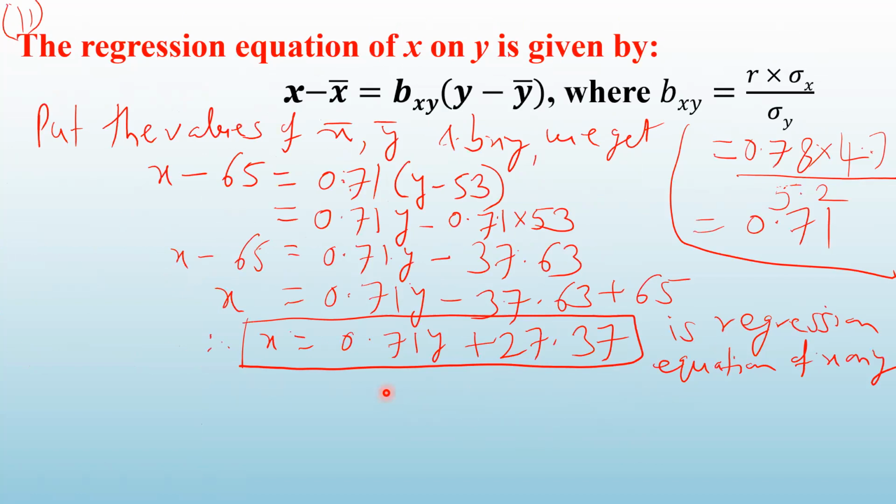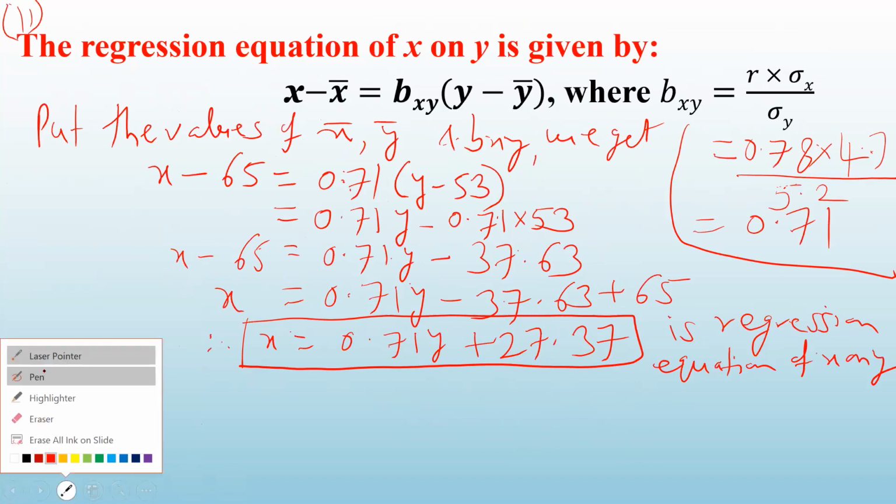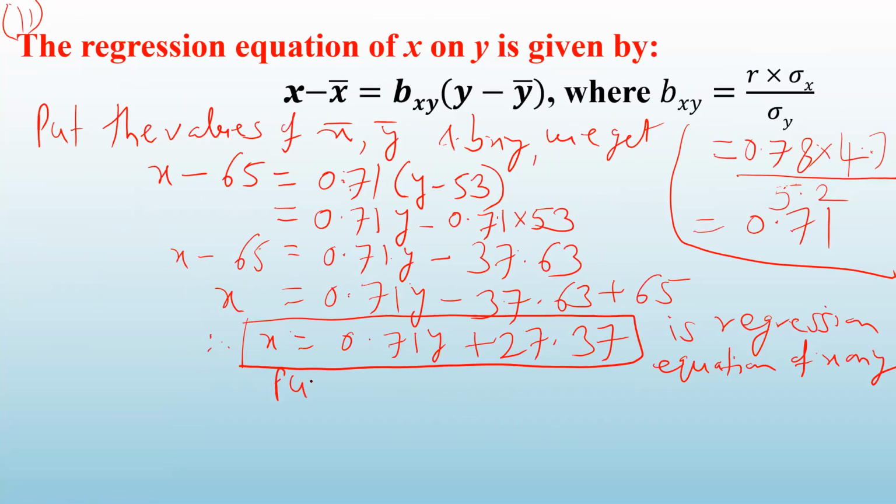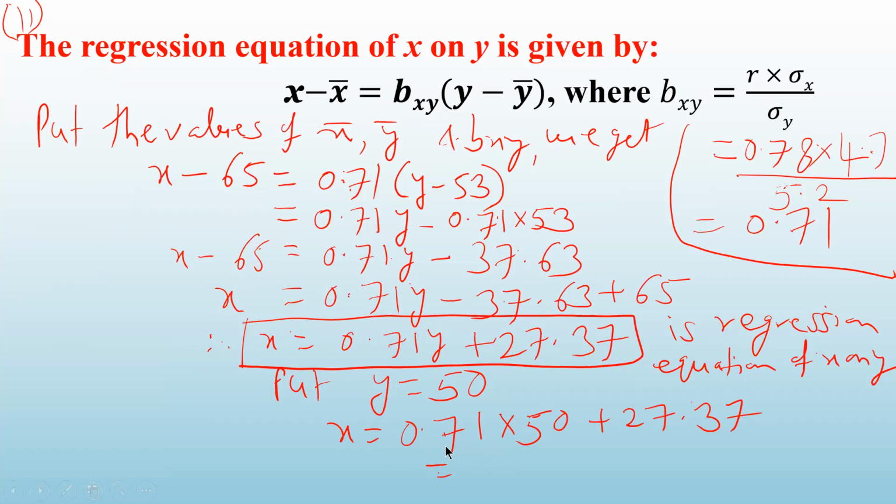Okay, so put the value of y as 50 here. When you put y equal to 50, you will get x equal to 0.71 into 50 plus 27.37. Now 0.71 into 50, use the calculator.